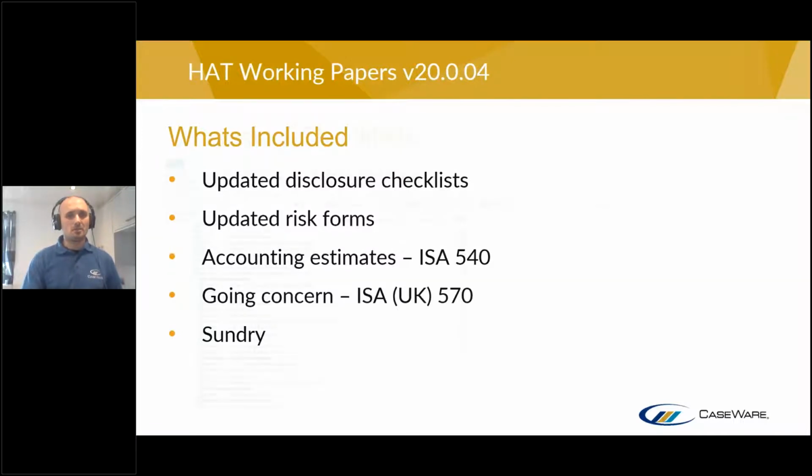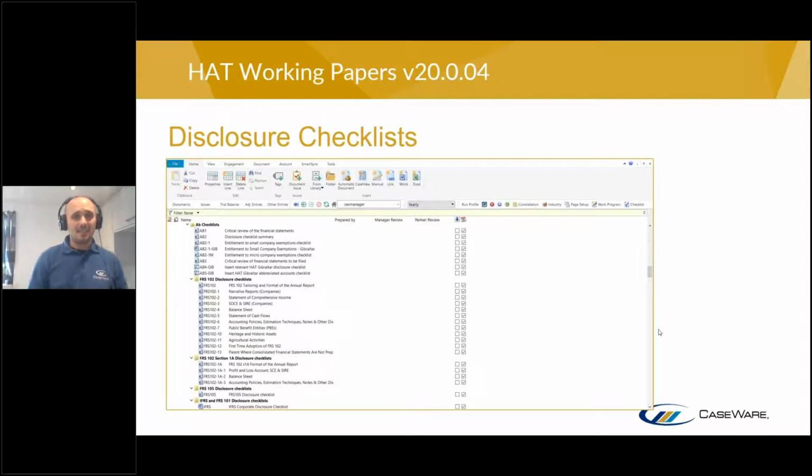Now, first off, we've got the disclosure checklists. Thankfully, not a huge amount of change on this. Andrew and his team have really been going through and tidying up, removing reference to the transition to IFRS 9, IFRS 15 commencement periods from prior to 1st of January 2019 and so on.